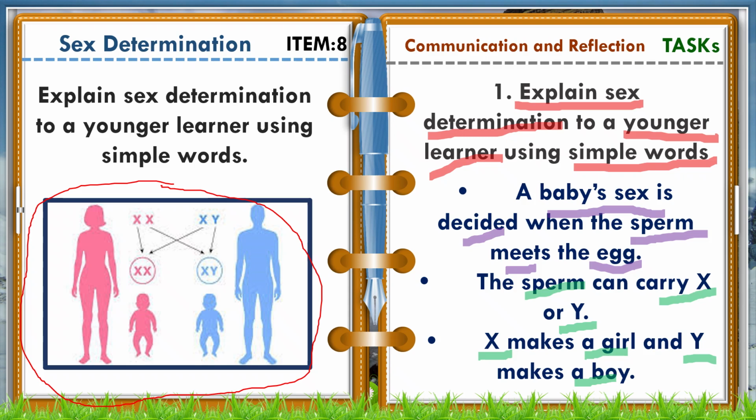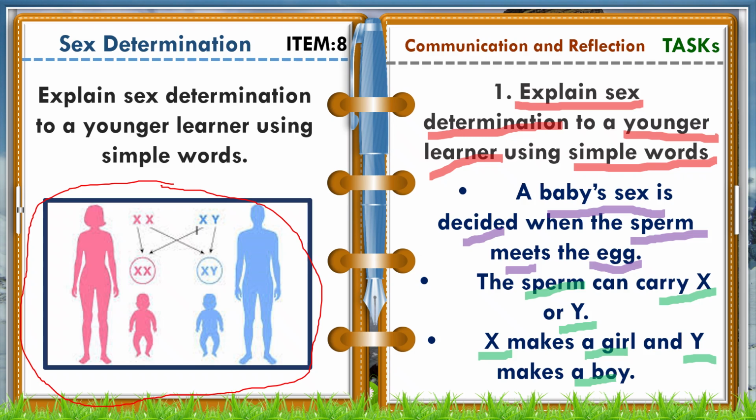So we said that sex determination is done by the parent, and the parent has two chromosomes which are carried by the sperm.